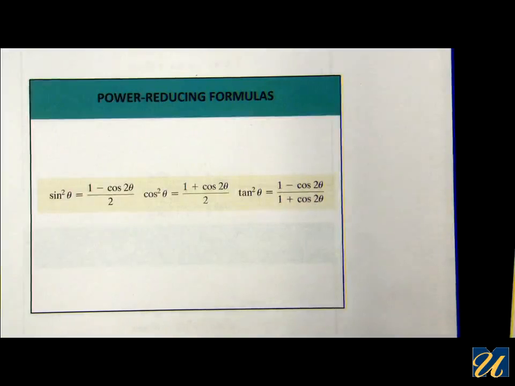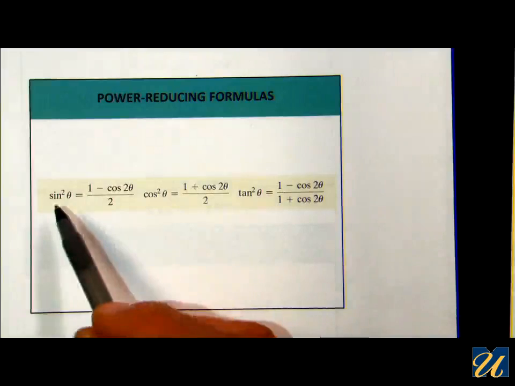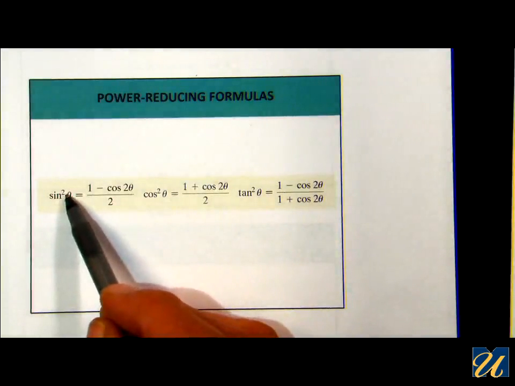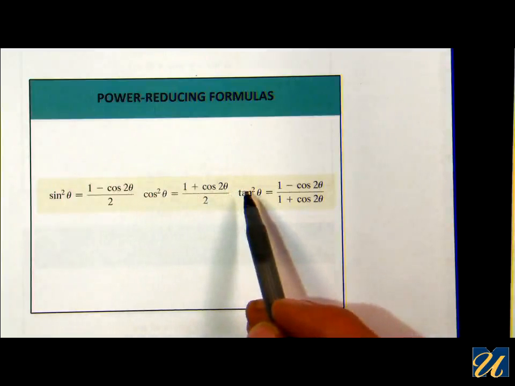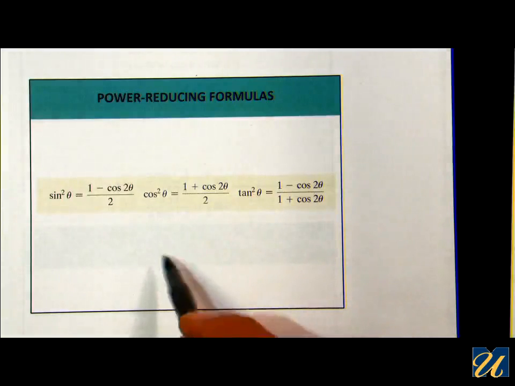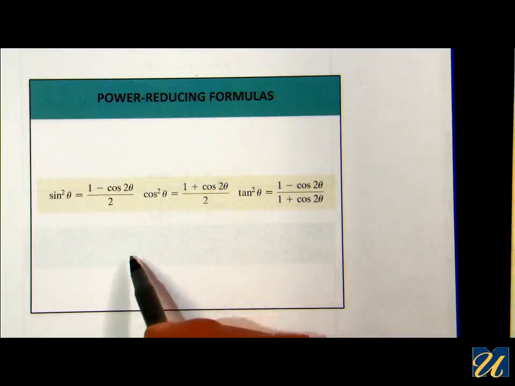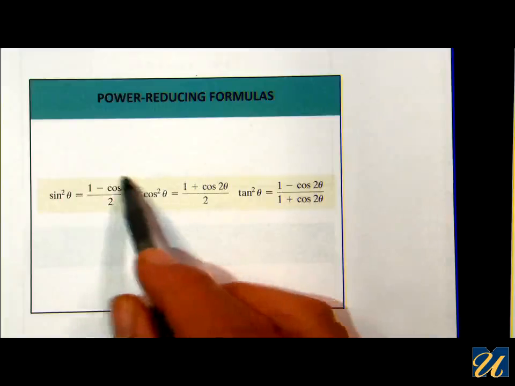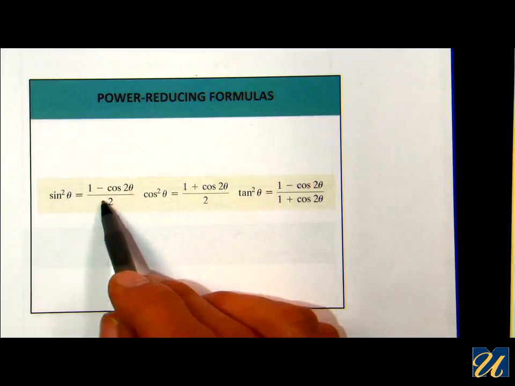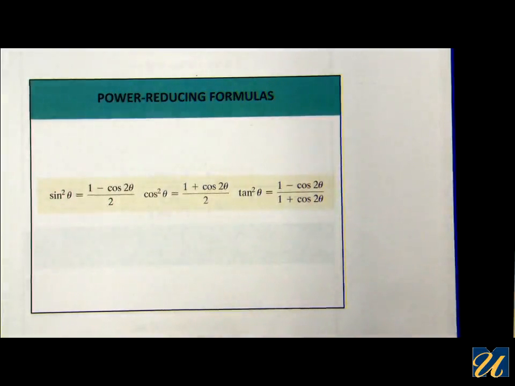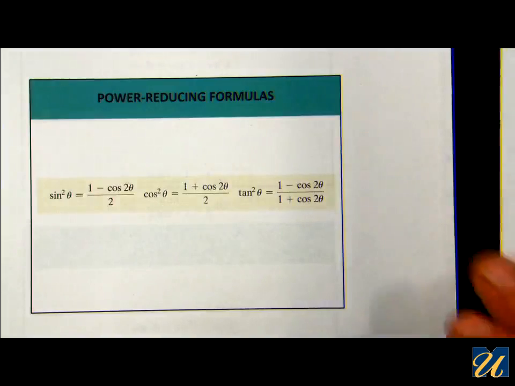What these do is take powers on sine, cosine, or tangent, not just squares but higher even powers as well, and reduce them by replacing expressions that involve powers with ones that do not have powers. So it's called power reducing. A little bit of algebra going on here, and we'll have an example coming up soon where we'll put that into use.